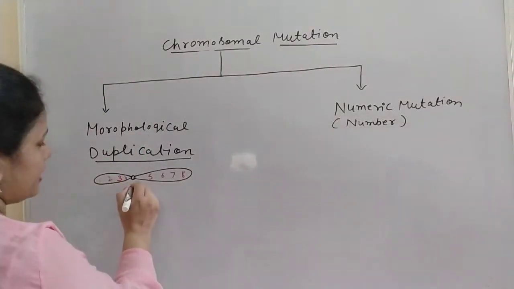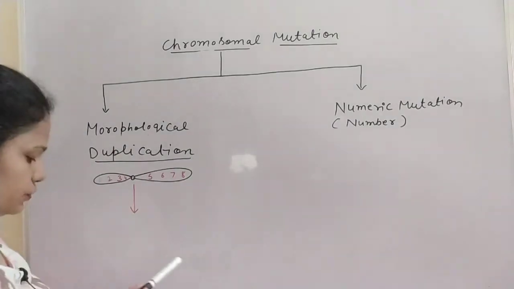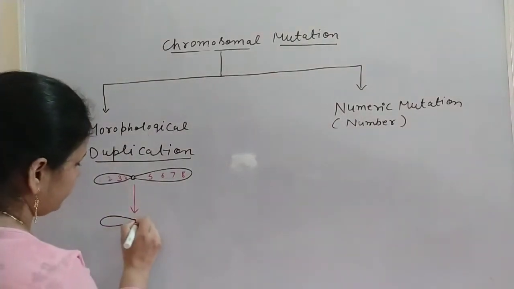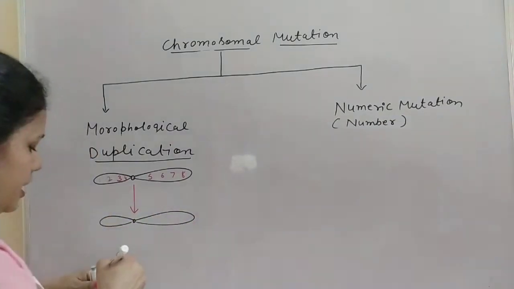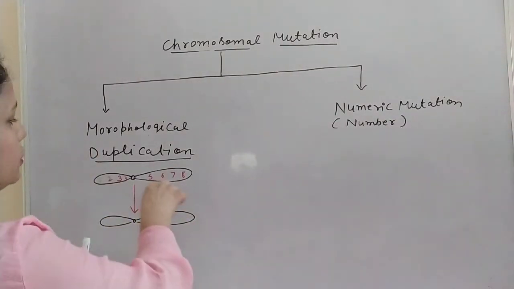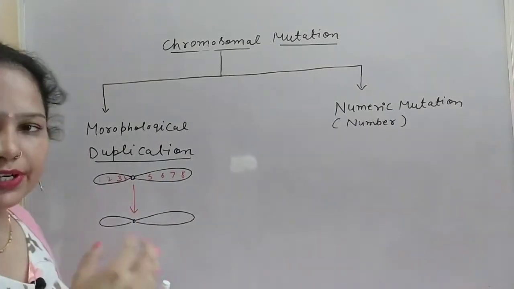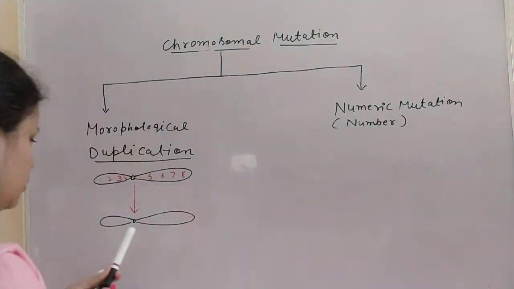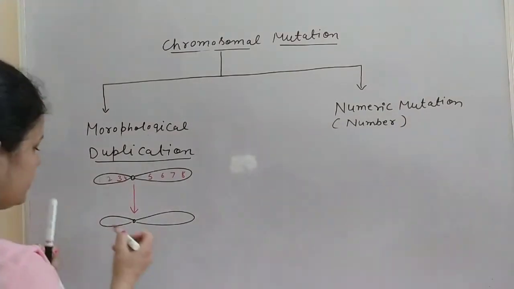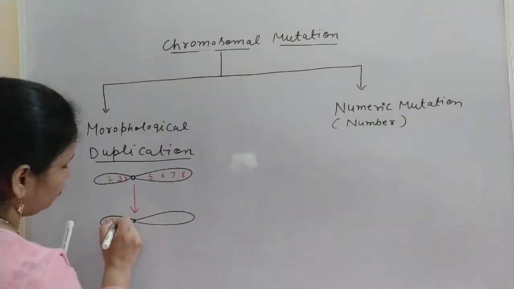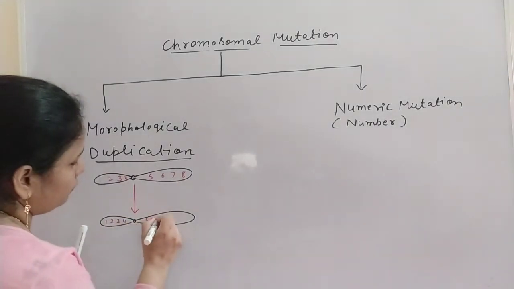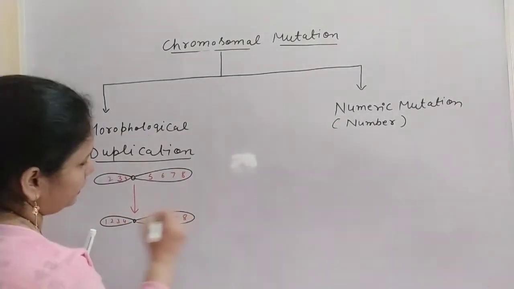So if any sequence is duplicated, like the second chromosome is here, and if any sequence of them is repeated, then we can say it is duplication. So now the sequence is 1 2 3 4 5 6 5 6 and 7 8.